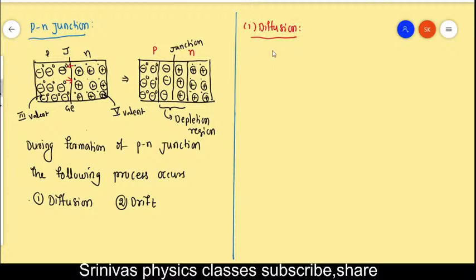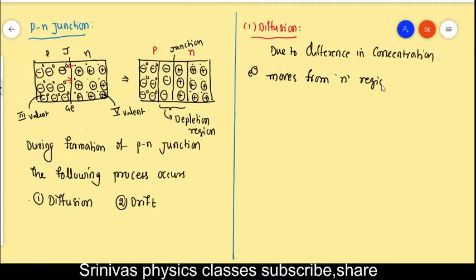Due to the difference in concentration, electrons move from where to where? Electrons move from N region to P region.